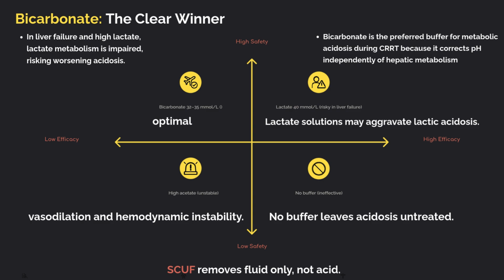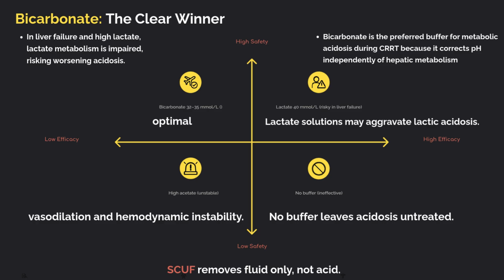Now, look at this matrix. On the vertical axis, we have safety, and on the horizontal axis, we have efficacy. In the optimal zone, you see bicarbonate-based solutions at concentrations around 32 to 35 millimoles per liter. They are both safe and effective, providing reliable acid-base correction without hemodynamic compromise.